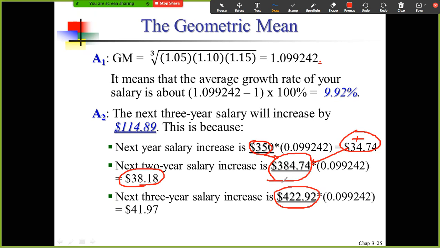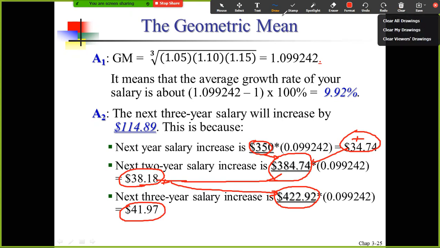Where do we get it? We get it from next year's salary plus the growth amount. Okay. So together here we got that in the next 3 years our salary increases again by this percentage. That's why we multiply based on the next 2 years to get the next 3 years. So in the next 3 years our salary will increase by $41.97. Okay.